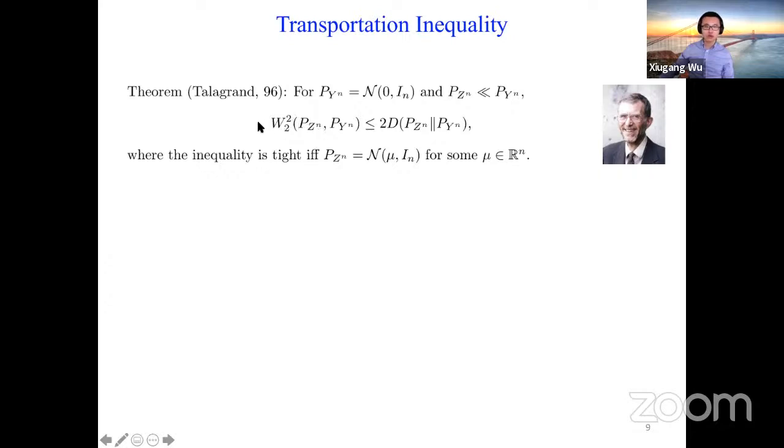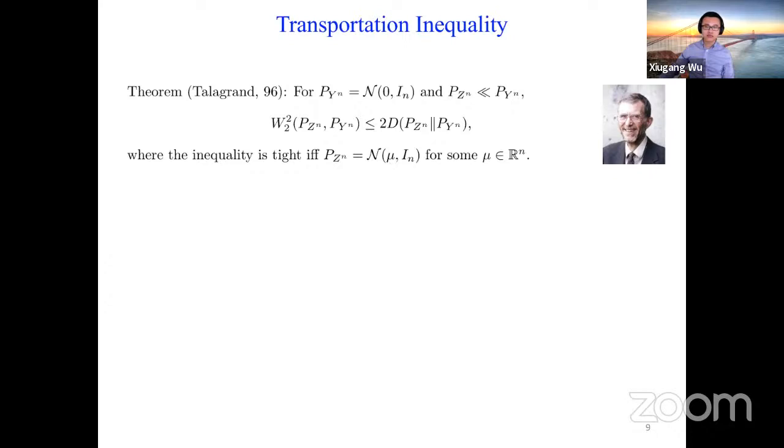For example, the celebrated Talagrand transportation inequality states that if P_Y^n is standard Gaussian, and if P_Z^n is absolutely continuous with respect to P_Y^n, then the square of the Wasserstein distance is always upper bounded by 2 times the KL divergence between P_Z^n and P_Y^n. And this inequality will be tight if and only if P_Z^n is a shifted version of P_Y^n, namely it shares the same covariance matrix, but with a different mean.